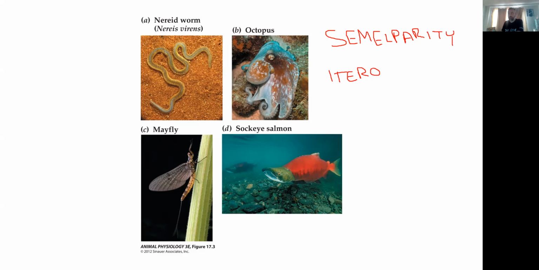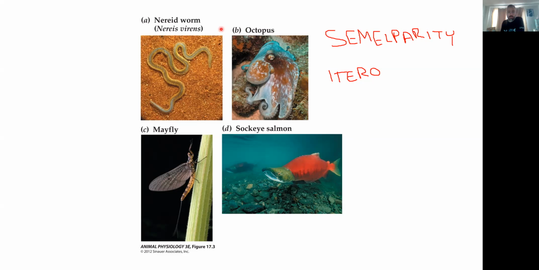Basically, the idea between semelparity and heteroparity, semelparous organisms are organisms that only reproduce once. They get one shot at it, right? Now, these might be things that are relatively short-lived, like mayflies. They only live through one mating season. Or they're going to be things that maybe live a little bit longer, right?